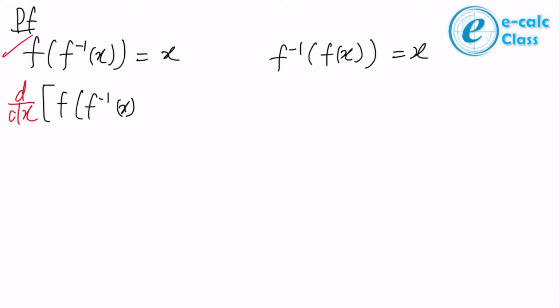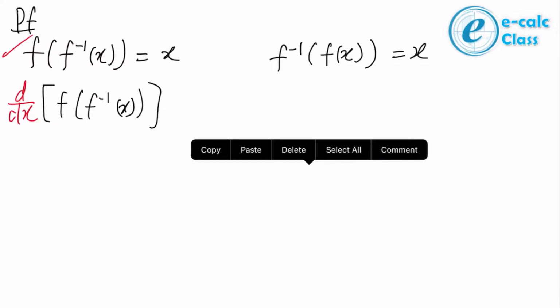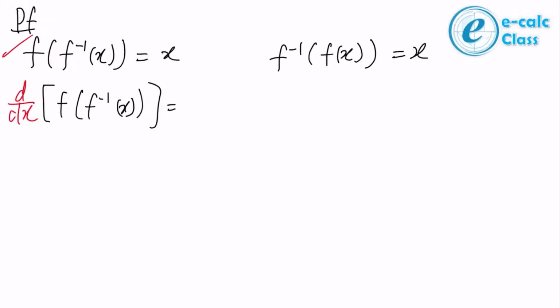Be very careful with the notation because prime and inverse are different things, okay? So actually, if you look at this, it is a composite function, right? A function inside another function. And if you see composite function in differentiation, the first thing that comes to your mind should be chain rule.